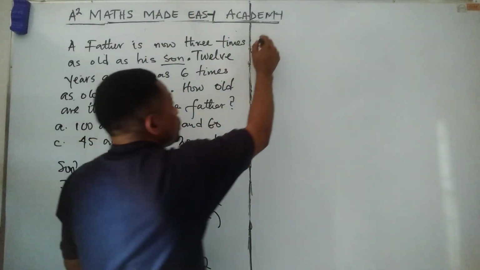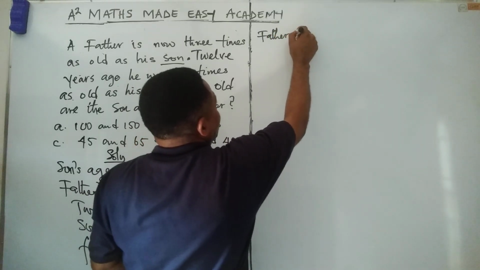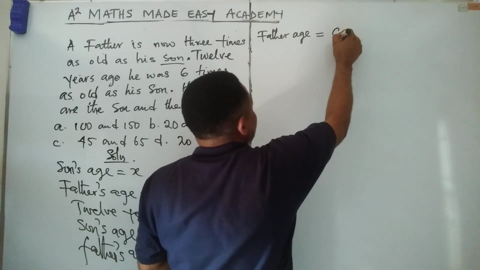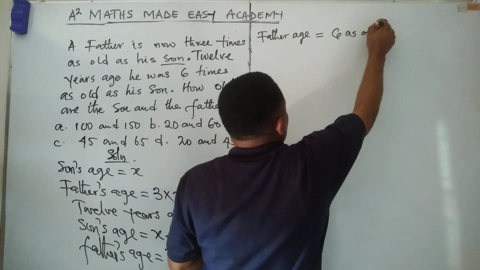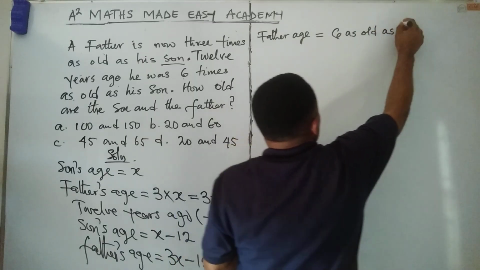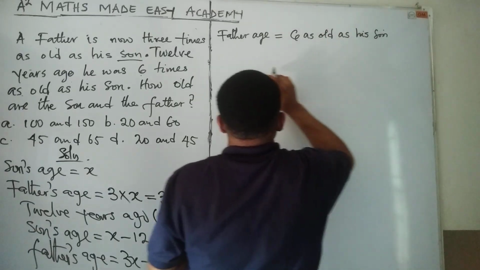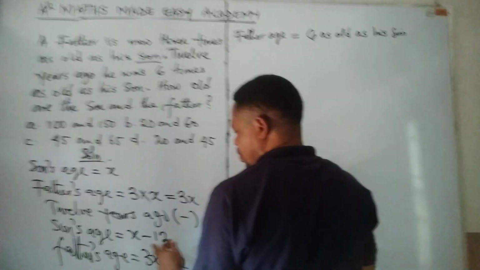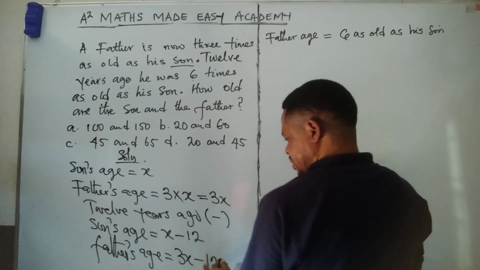Now the father's age was 6 times as old as his son, and that was 12 years ago. Then what is the father's age 12 years ago? It is 3X minus 12.